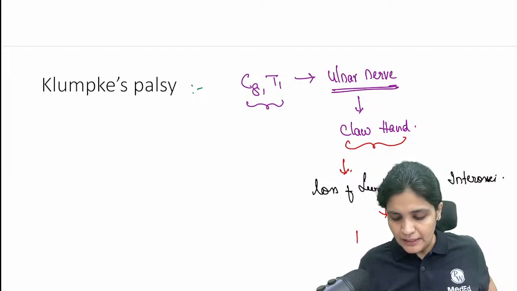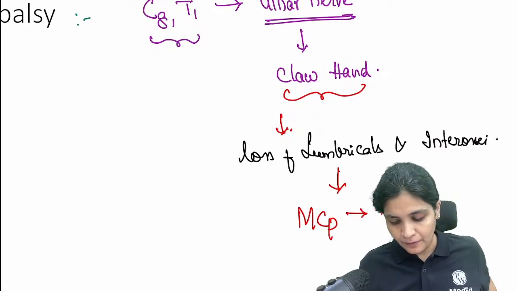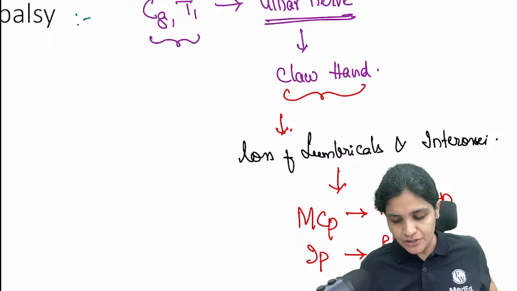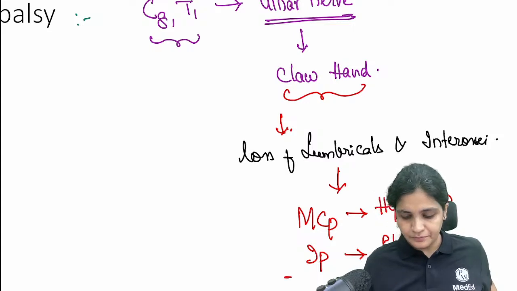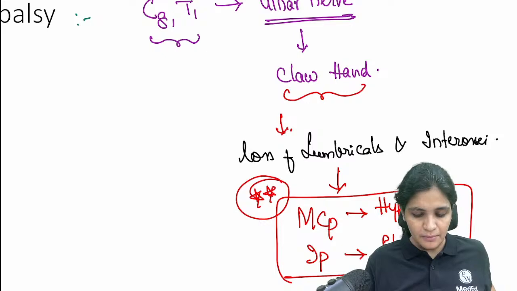So this will result in MCP. What will happen to MCP? Extension or hyperextension with IP flexion. So this is your clawing. This you have to remember.